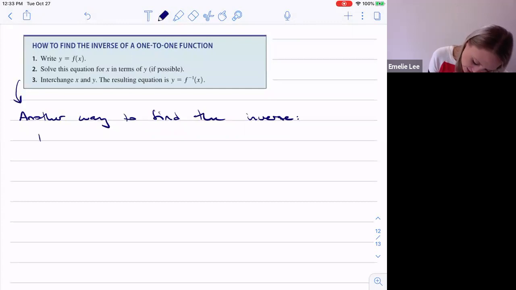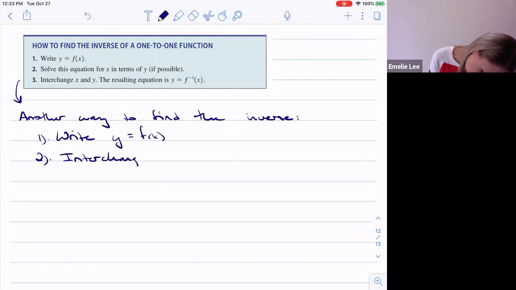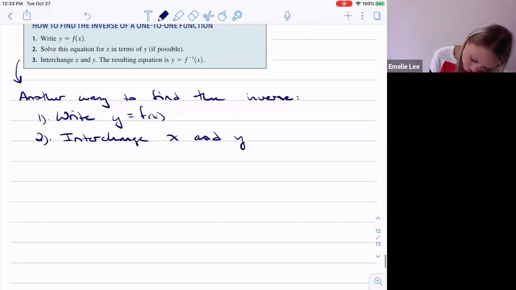So another way to solve this is, you start the same, right? y equals f of x. Your second step is to interchange x and y. Your third step is to solve for y, right?